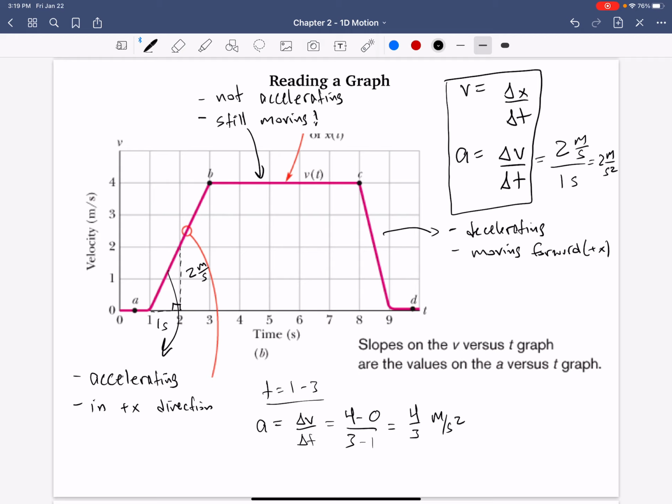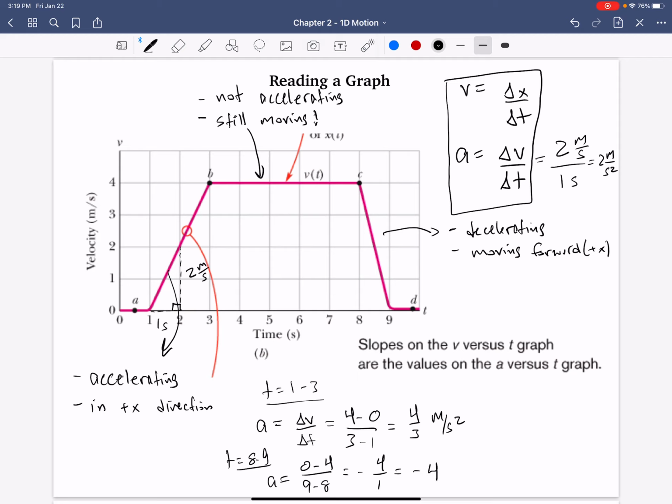Right? For t equals 8 to 9 seconds, the acceleration is delta V, which is 0 minus 4, divided by 9 minus 8. And so we have negative 4 divided by 1.